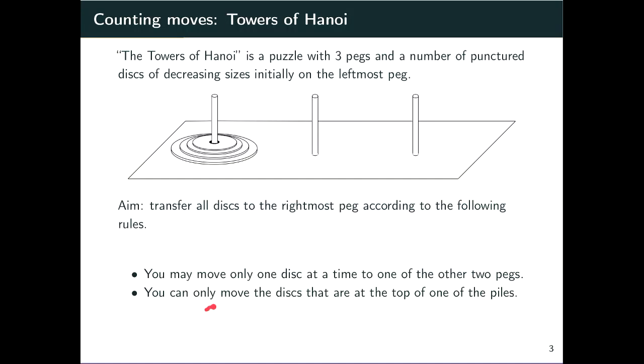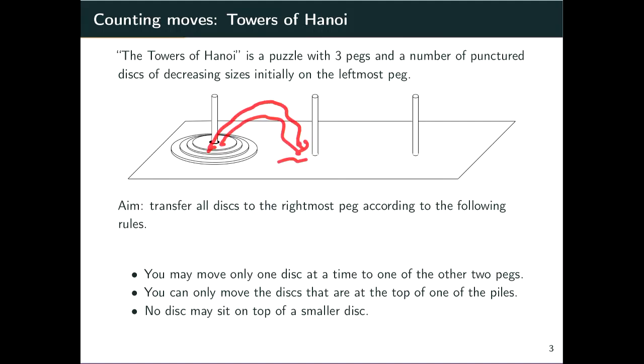And then you can only move discs that are at the top of one of the piles. So you can only move this disc. You can't pick them up, take one out and put it over. And the final rule is, no disc may sit on top of a smaller disc. So I couldn't take this small one, put it here, then take the bigger one and stick it on top.